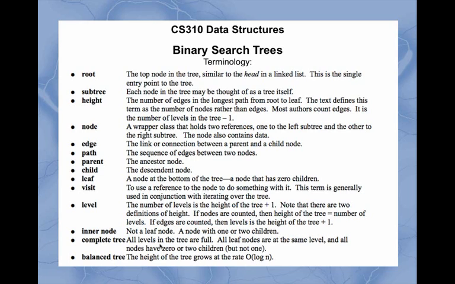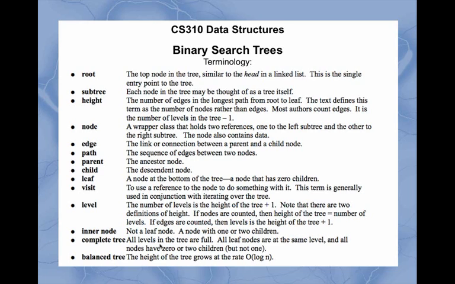A balanced tree is a tree that is not necessarily complete, but the height of the tree grows at a rate of log n. It need not be precisely log n. However, as the tree increases in size, the height increases at a rate of log n. This is important for later structures that you will study.